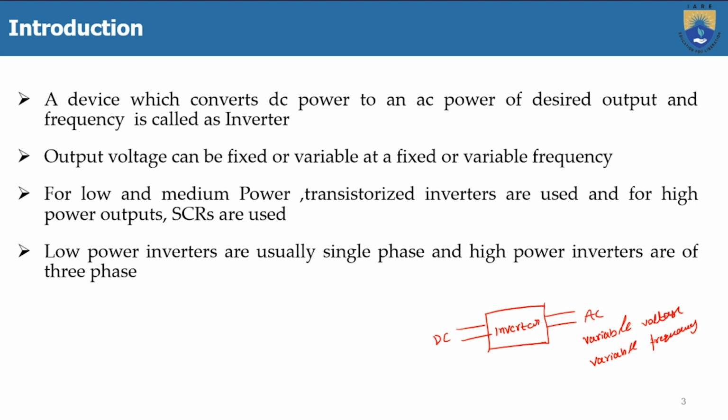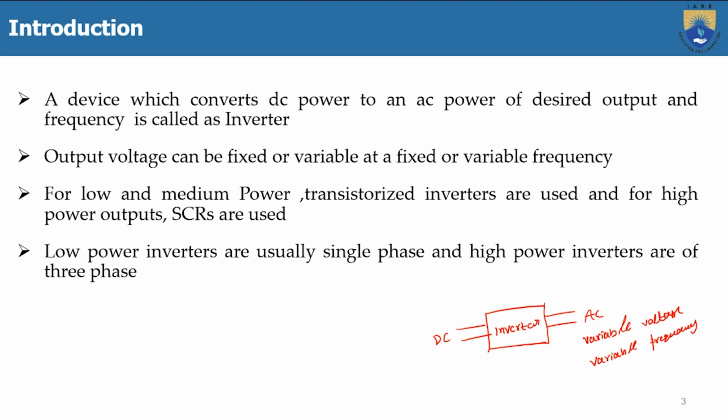The basic semiconductor devices we use to understand the concept of these different inverters are SCRs. These SCRs are usually used in low power applications and single phase high power inverters, whereas transistorized inverters are used in high power outputs.